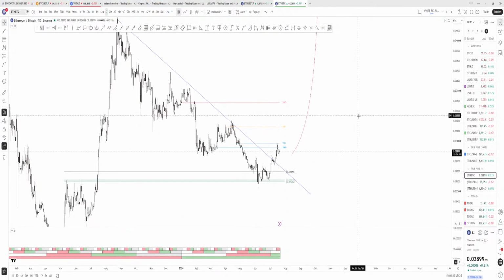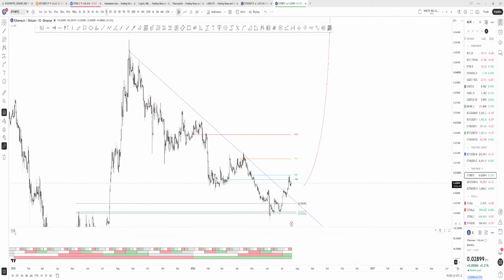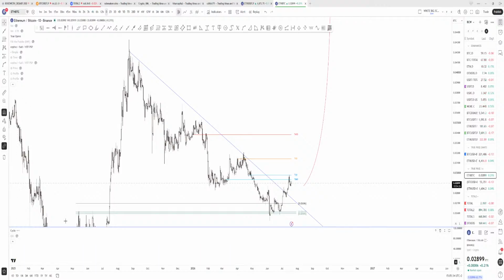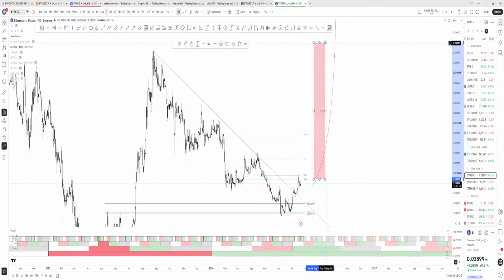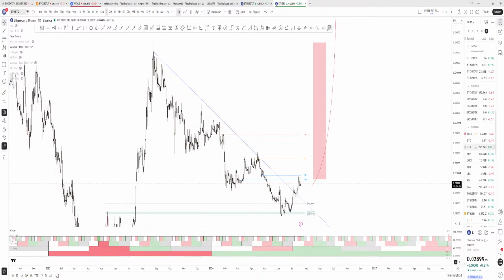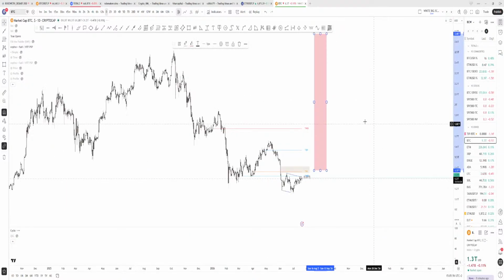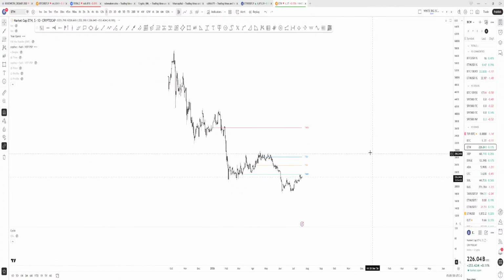My expectations are still that we are going to see a bull trap into the August, September, and it should happen around here. So this is your time frame for the bull trap. Can go on other charts to have them there too.